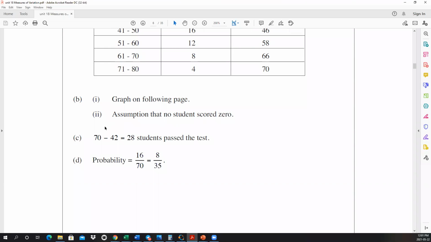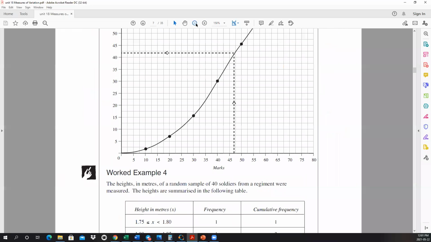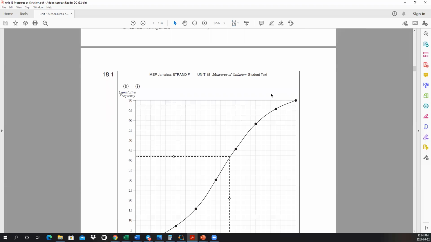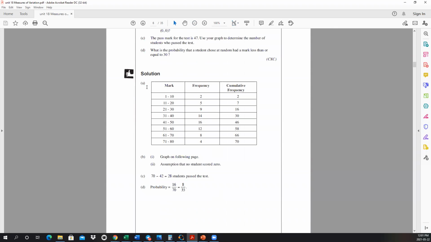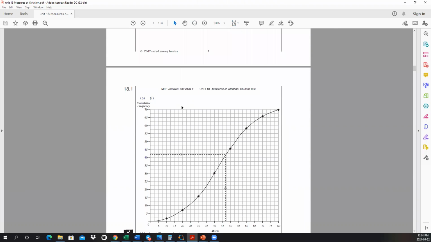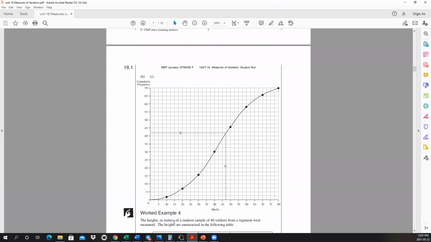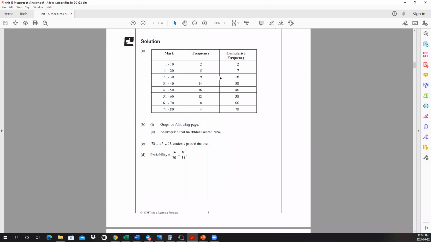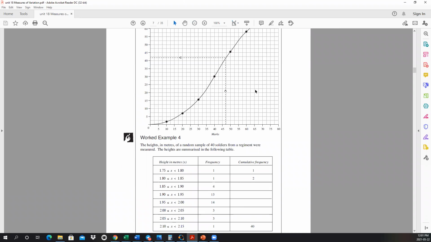All right, so let us see. So you go straight up. So let us see it with the small. Mark 10, I have 2. So 10, 2. Mark 20, I have 7.